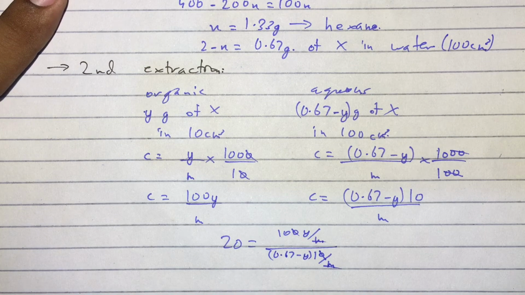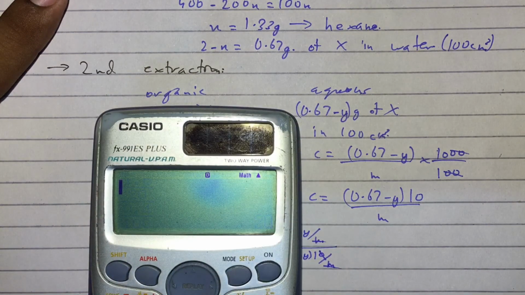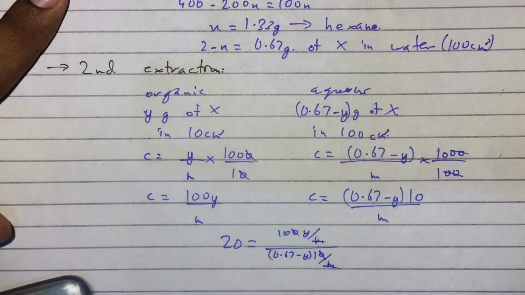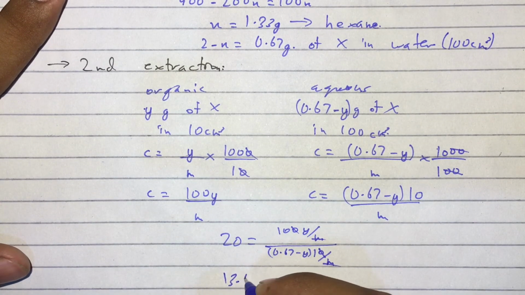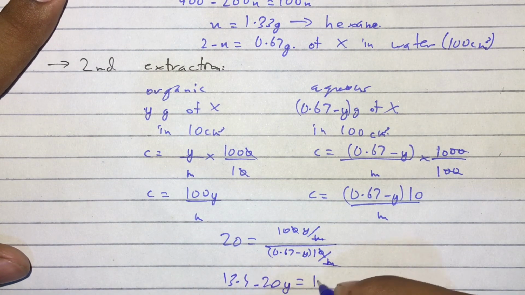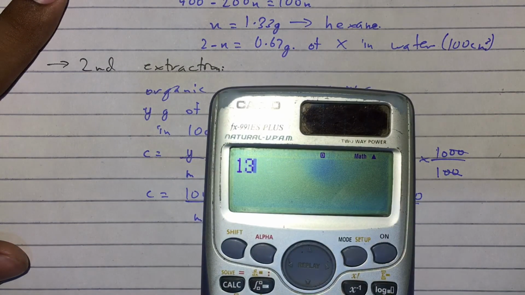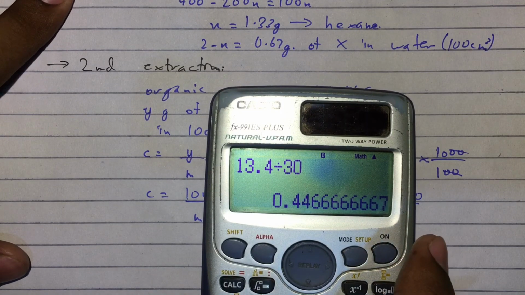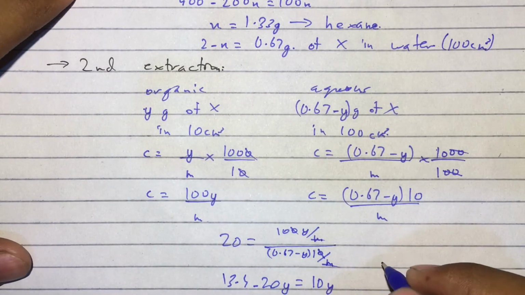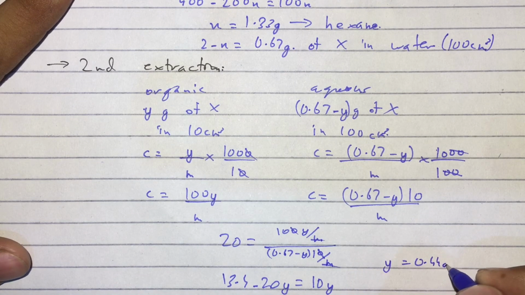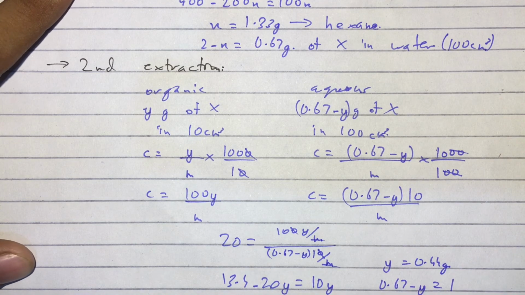So it's 20 times 0.67, 13.4 minus 20y equals 10y. So it's 30y and then 13.4 divided by 30. So y is 0.44. So 0.67 minus 0.44 is 0.23.